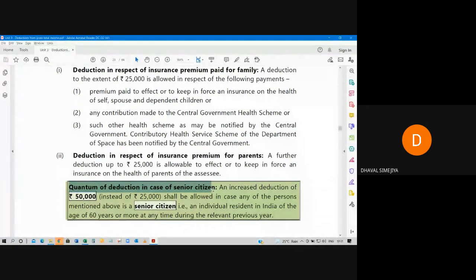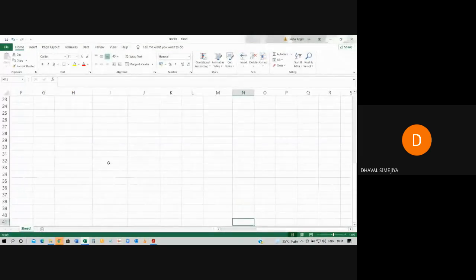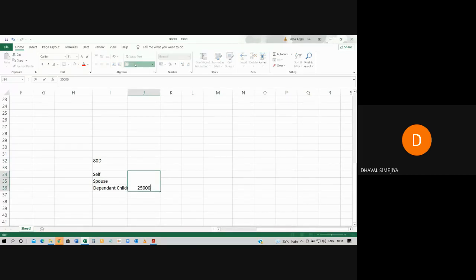Clear? If I want to write it down: 80D for self, spouse, dependent children, all over limit is 25,000 rupees, but in case of a senior citizen, this limit will be increased to 50,000.